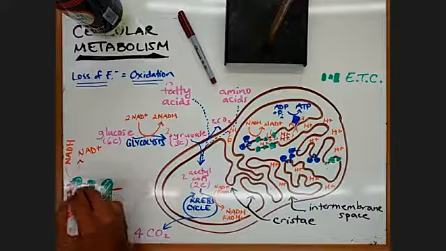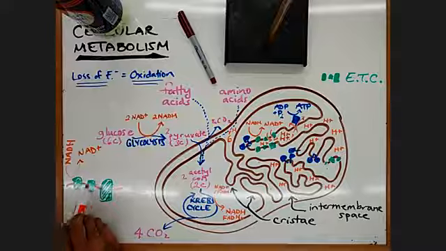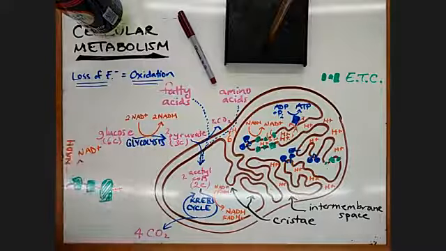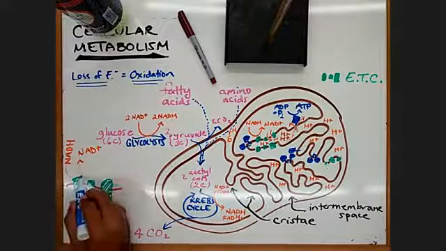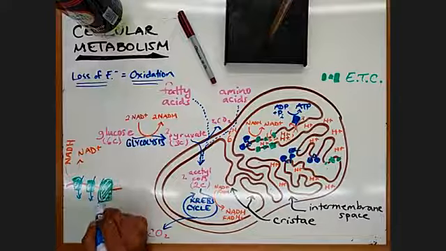And the electrons are going to pass from component 1 to component 2 to component 3. And as these components get the electron and then pass it along, they undergo a shape change, which causes, very specifically, protons to get pumped across. Boom, boom, boom.